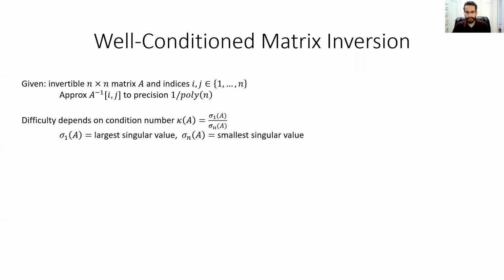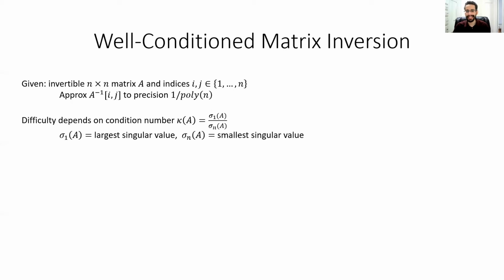Well, the crucial parameter is the condition number, kappa of A, which is defined as the ratio of the largest singular value of A to its smallest singular value. Roughly speaking, if the condition number is very large, then even a small change in the matrix A can cause an extremely large change in A inverse, thereby making the approximation problem for A inverse harder.